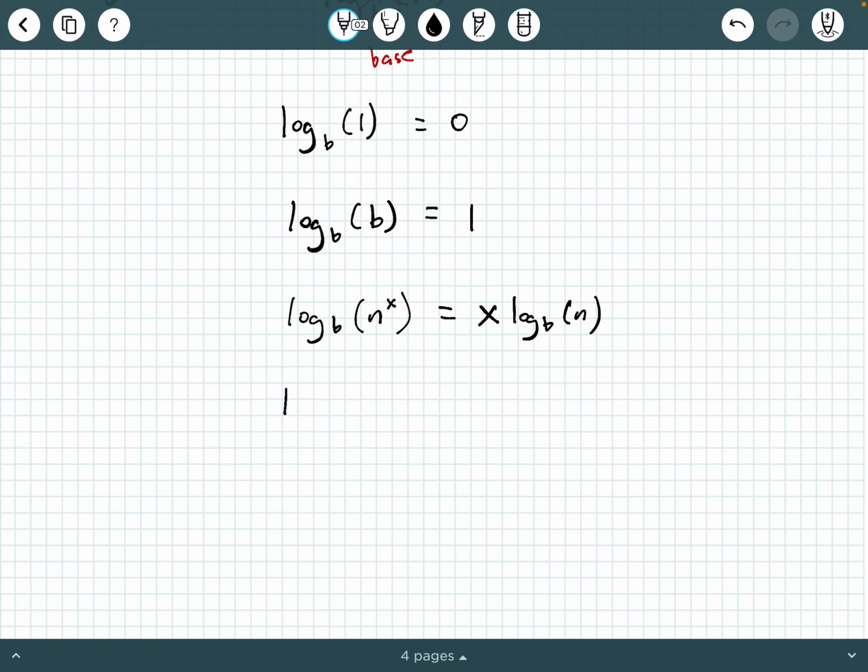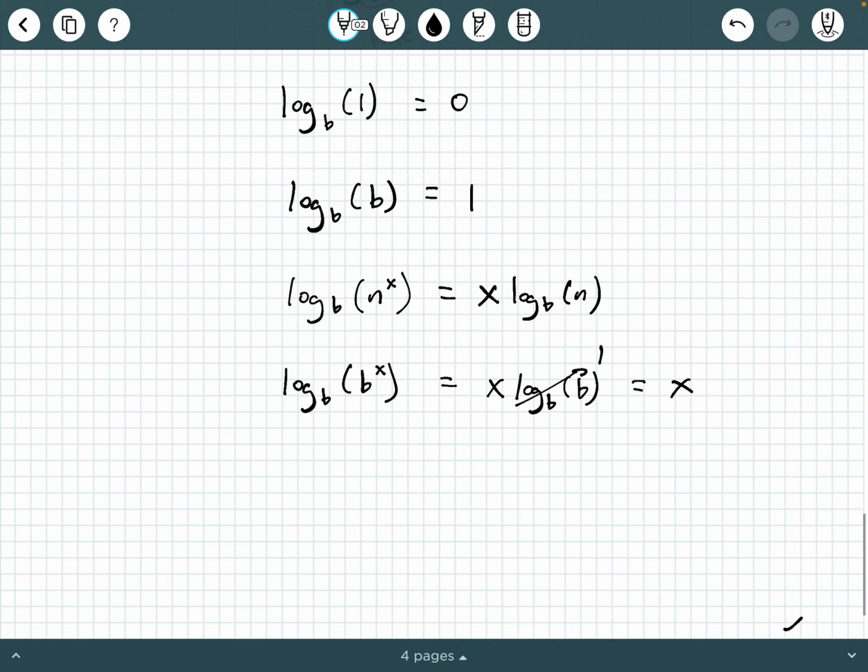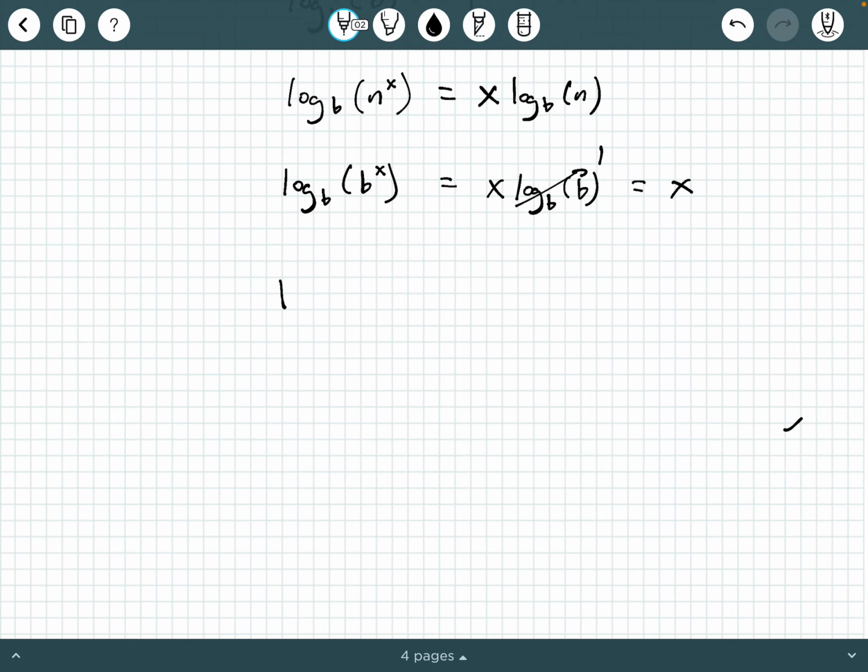Next, if you have log base b of b to the x, this becomes x log base b of b, and we just saw earlier that becomes 1. So this term goes to 1, and you're left with just x alone, okay? In a similar way, b raised to the log base b of x also becomes just x.